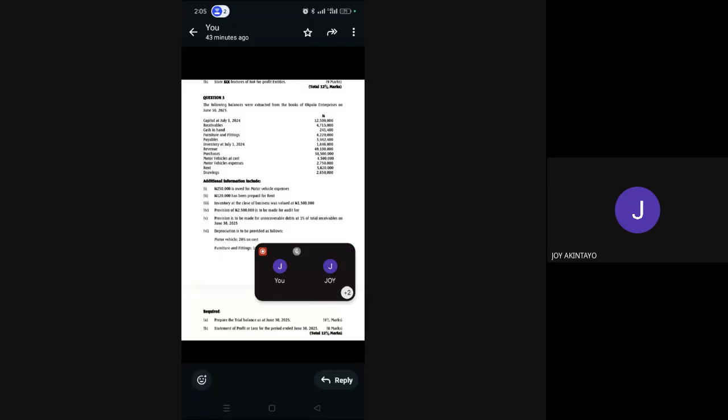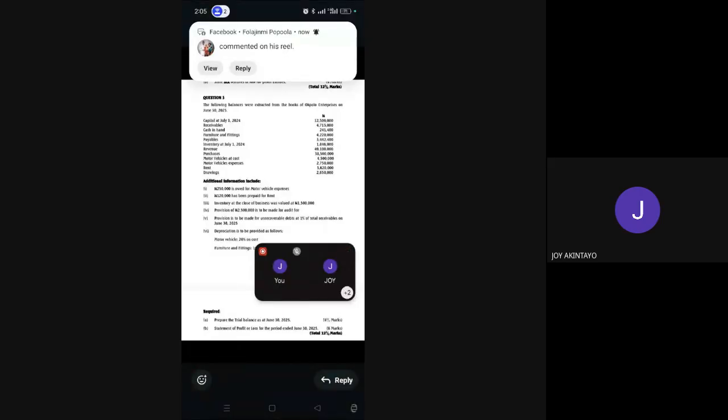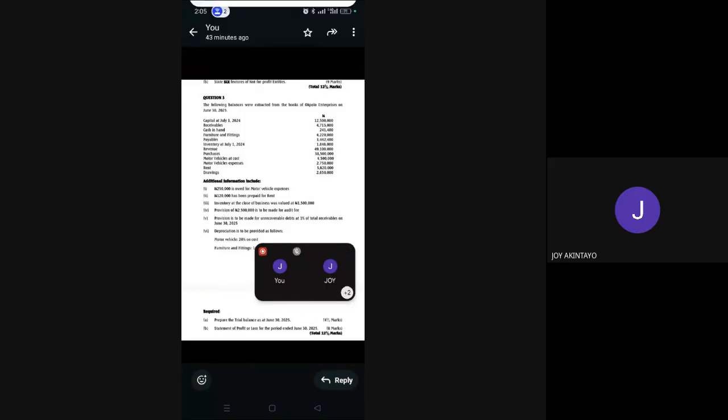Next one, we have purchases. So where are we posting our purchases? Debit side or credit side?